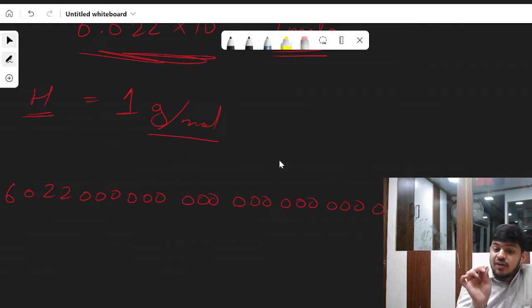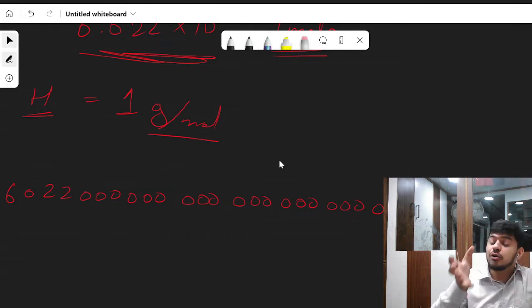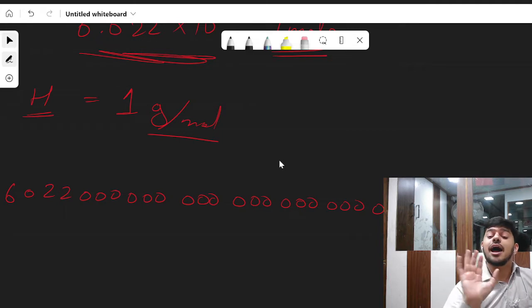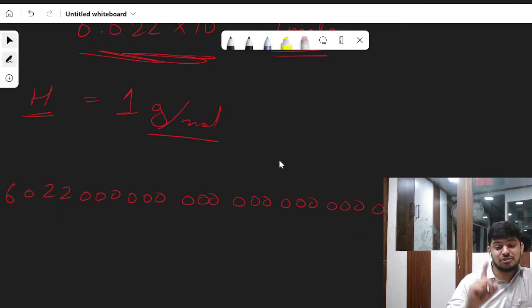Only 1 gram of hydrogen has this much of atoms. Now imagine how small the atom is. Very small, wallah. So this is the application of the mole. Oh my god, Avogadro is an intelligent person. Wallah, I told you, he is my friend. He is very intelligent, he showed us how small the atom is.